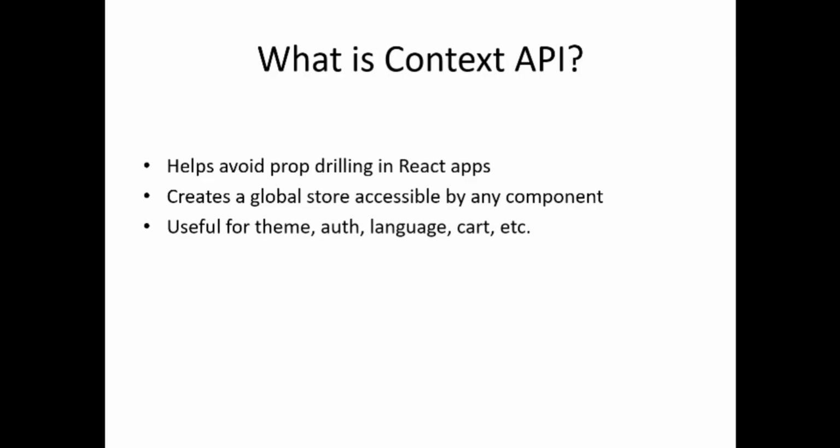It's perfect for shared information like themes, authentication info, language preferences, or a shopping cart. In simple terms, Context API allows components to subscribe to a global state and react to changes automatically.